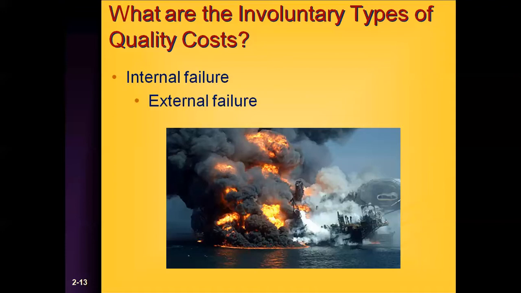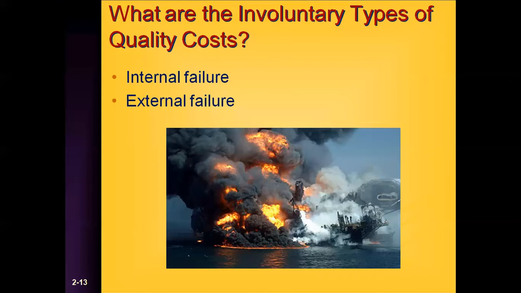The second is external failure, correcting errors after the customer knows the error occurred. The ways they measure this are through warranty repair. The biggest one, if it gets to this point, is really not good: if you're sued by somebody, or if customers are calling your customer hotline and are really ticked off, customer ill will.